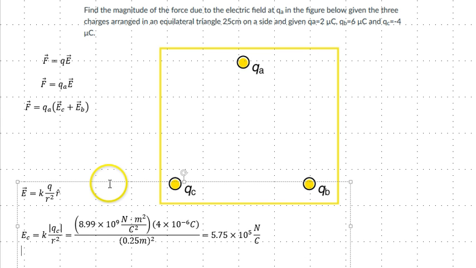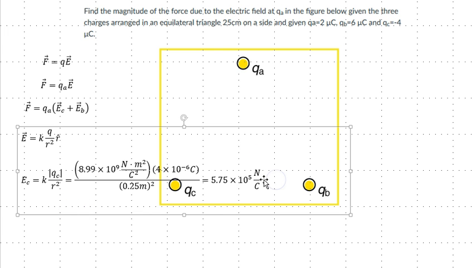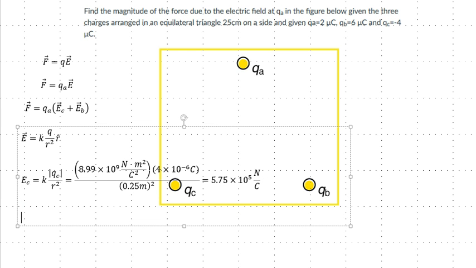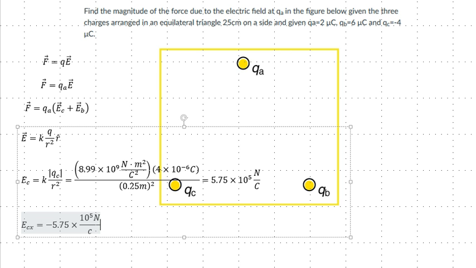So we have E_C x is going to be minus 5.75 times 10 to the fifth newtons per coulomb times the cosine of 60 degrees.